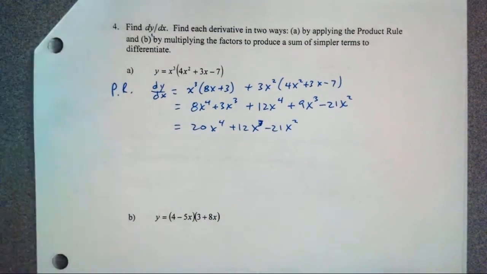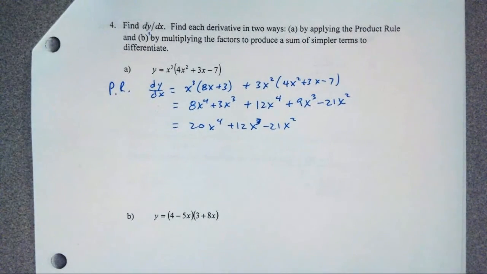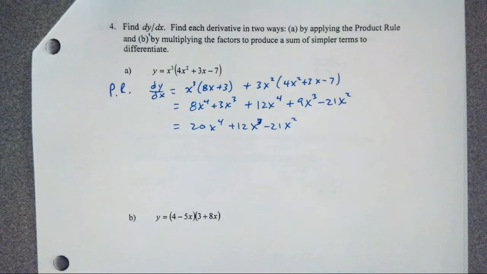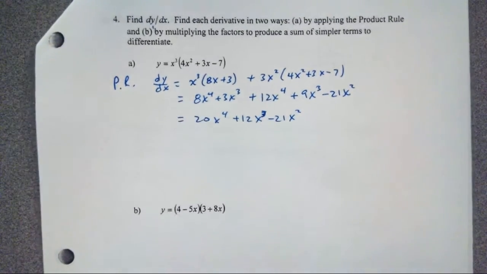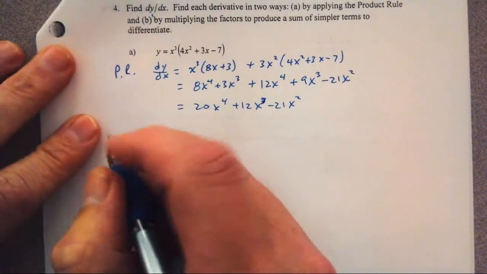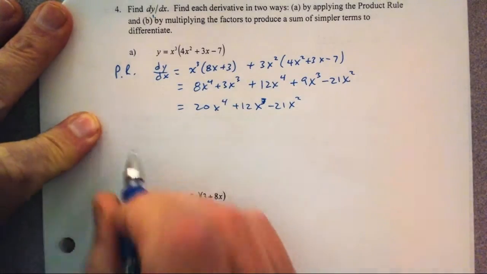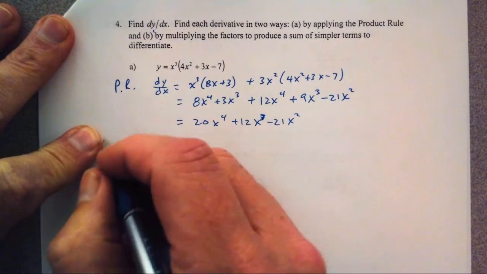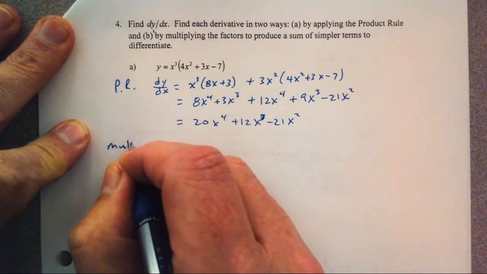And it would be really simple to move on to the next problem if we're not good readers, by applying the product rule and by multiplying the factors to produce a sum of simpler terms to differentiate. Okay, so now we're going to multiply first.